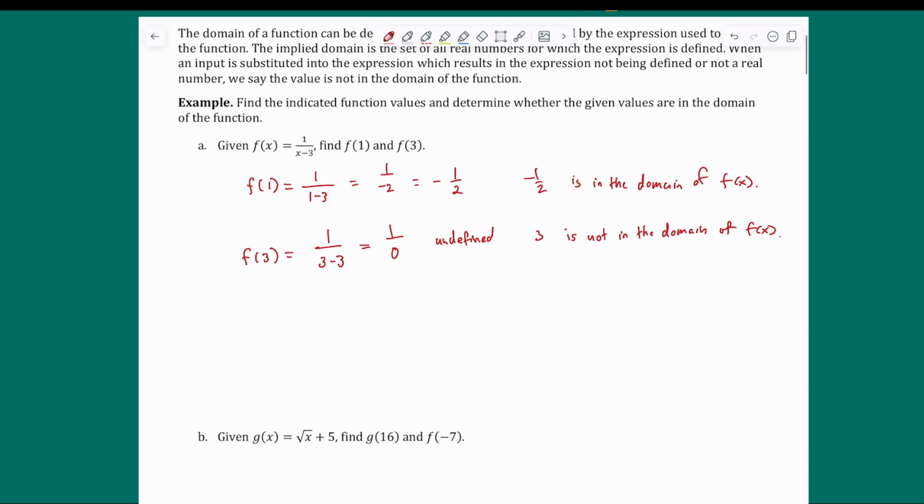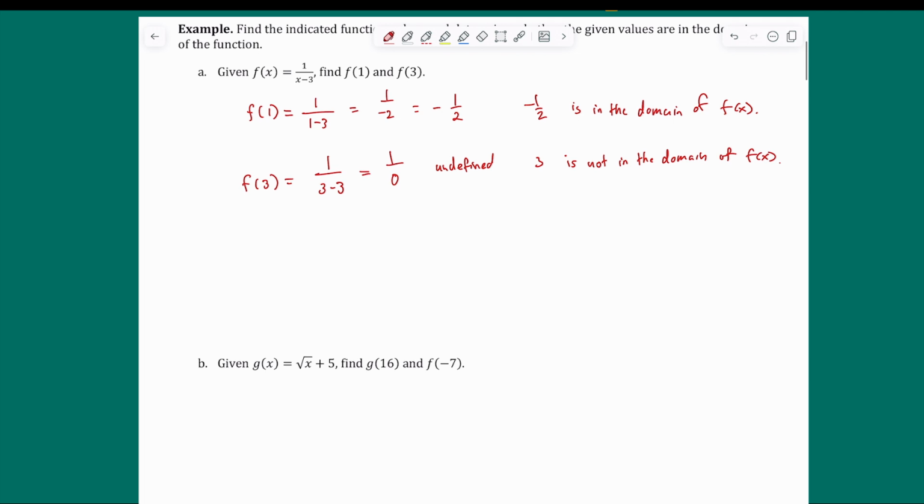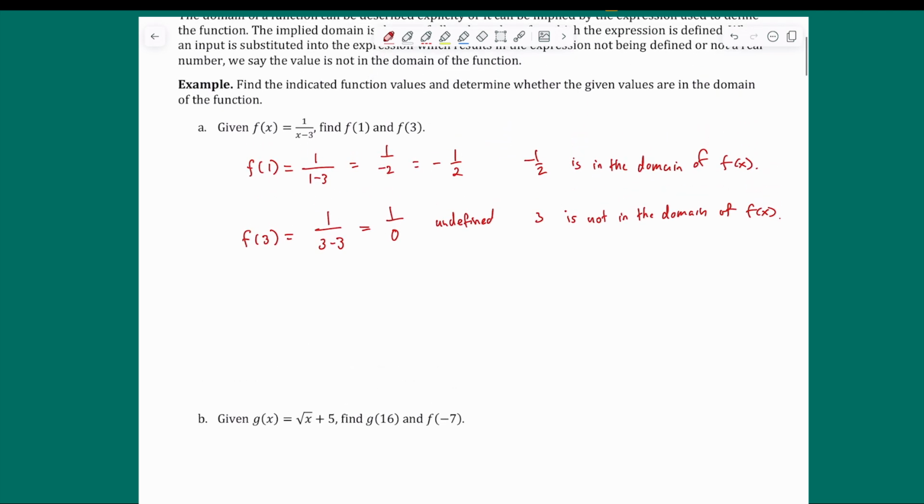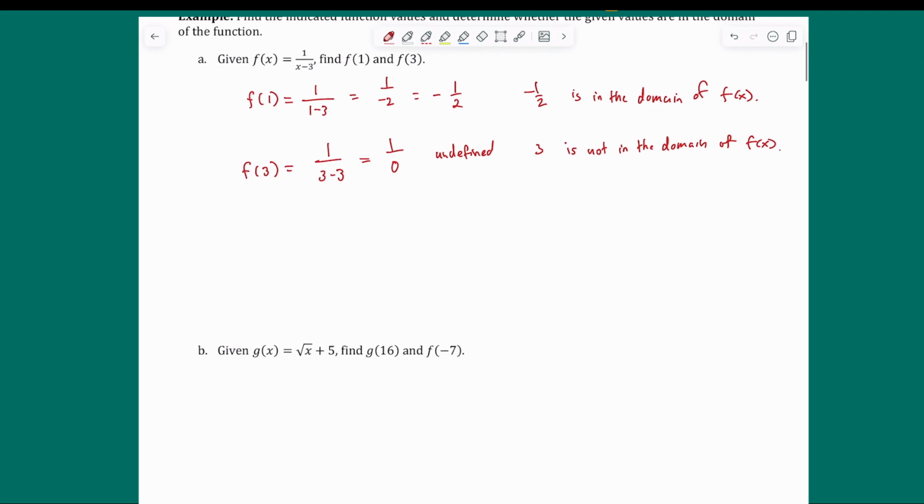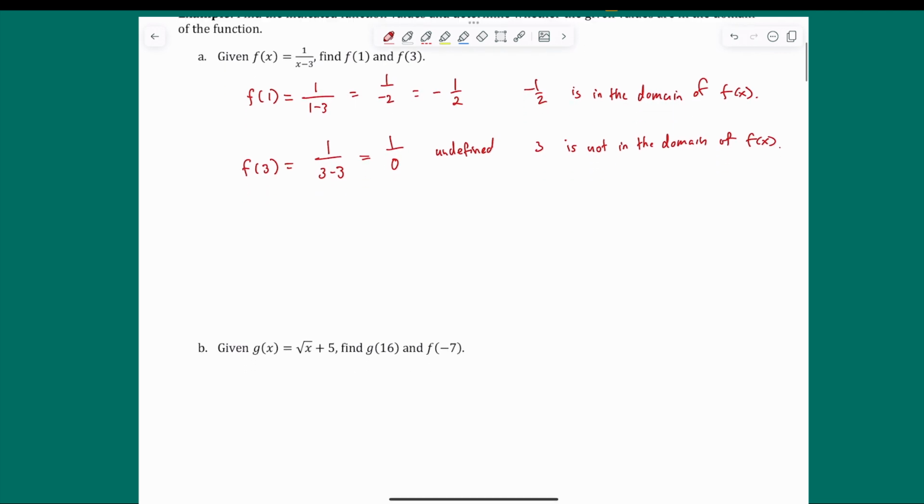All right, let's take a look at b here. We have the function g of x equal to the square root of x plus 5. Find g of 16 and g of negative 7 and determine if those inputs are in the domain of the function. Okay, so g of 16 is equal to the square root of 16 plus 5.